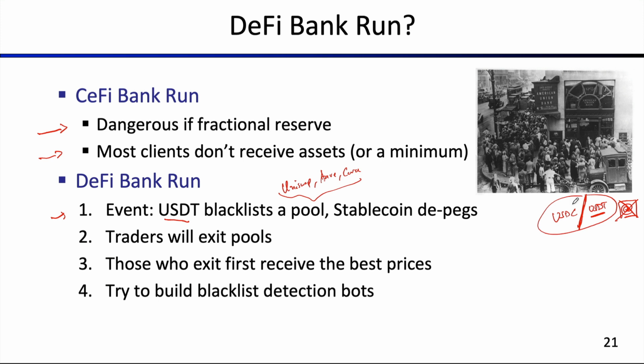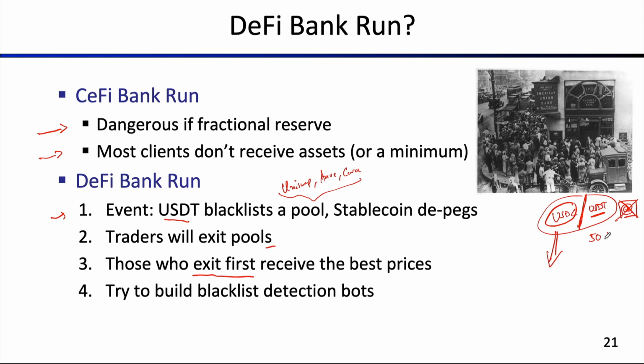So what will happen is that everybody will try to take out USDC. Now what's interesting is the traders, they will exit the pool, right? But those who exit first, they receive the best prices.